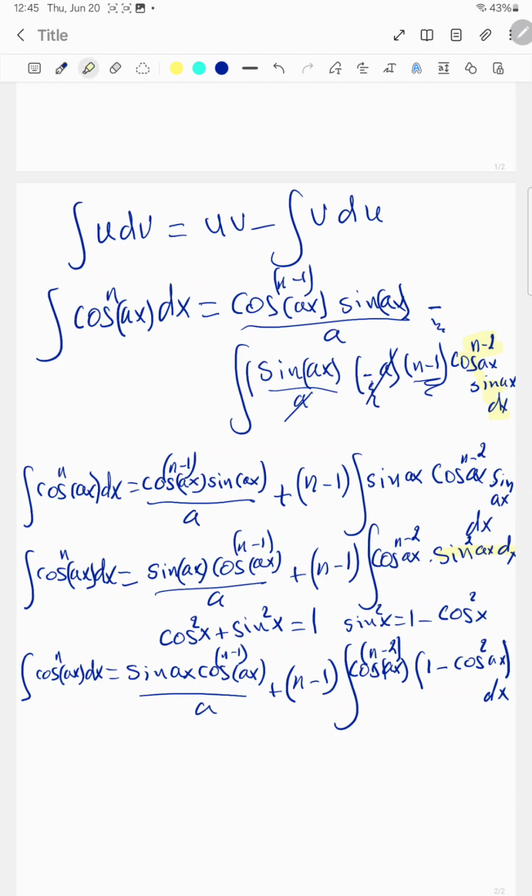Here I don't want to keep on writing that part because I will be working with this part for now.